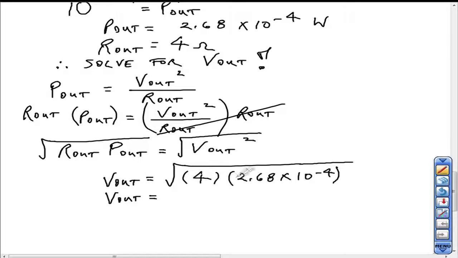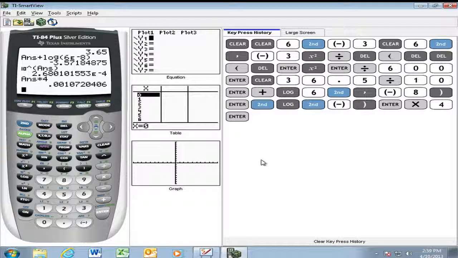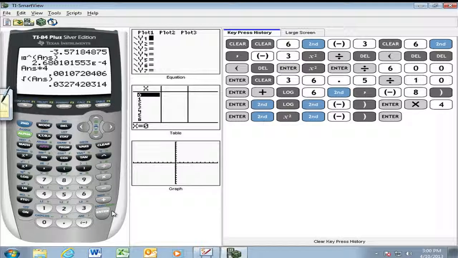That's 4 times this, and then the last thing we need to do is take the square root. Let's find that square root. It's a sub-function, of course. In this case, blue, there's that square root of the answer. Close those parentheses. Whew. All those buttons to get this beautiful number.